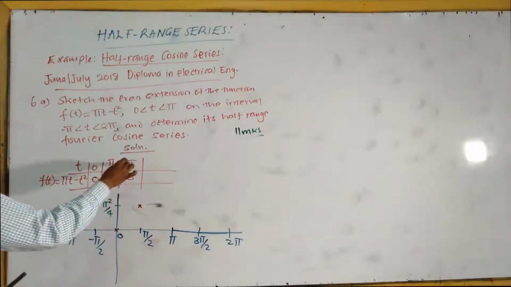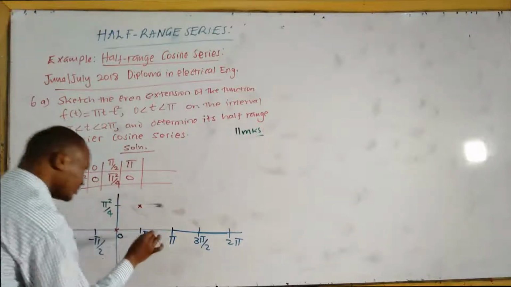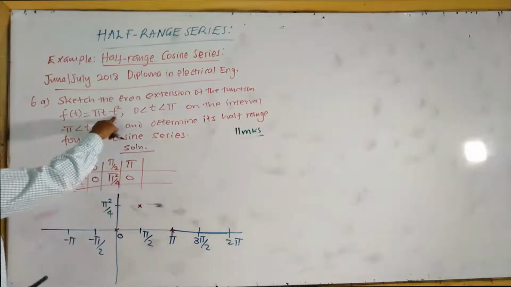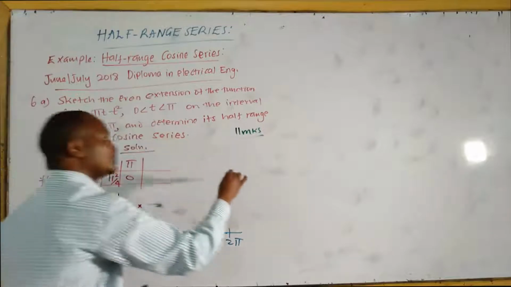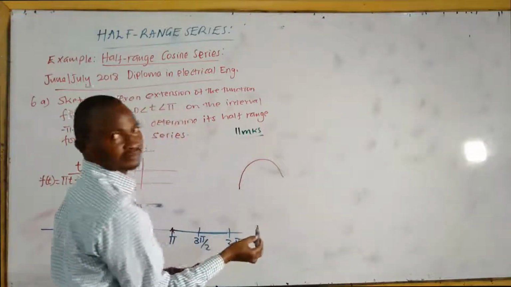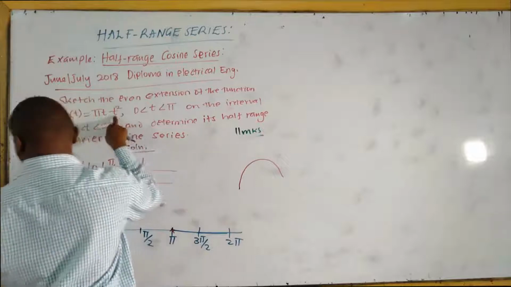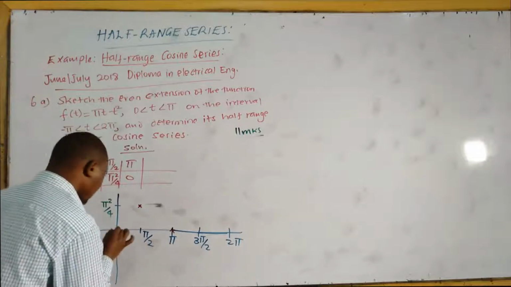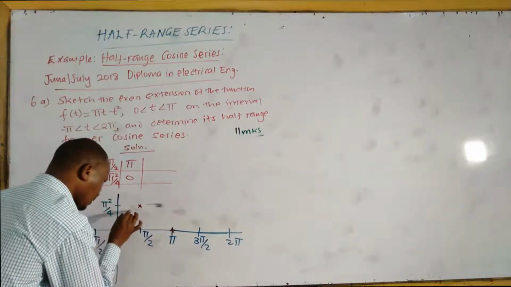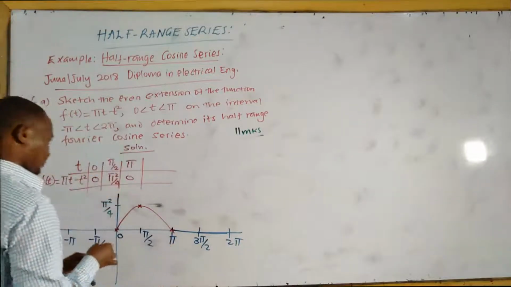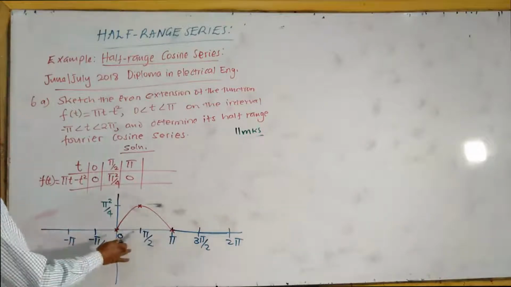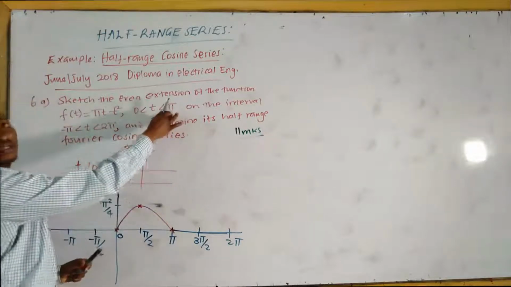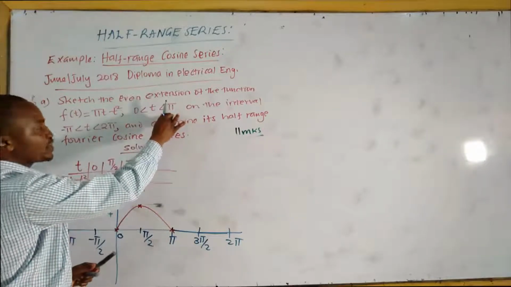When t is pi, function is 0. We are back down. So it will be a quadratic equation, a smooth curve. Going to power 2 is a quadratic equation. I sketch a smooth curve. This is the only information we know as per the summary of our function, the analytical description.